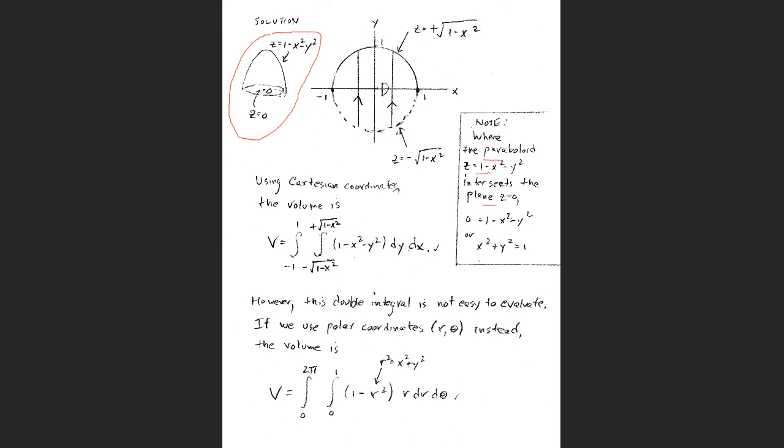That means that where that intersection is, 0 has to equal 1 minus x squared minus y squared, or x squared plus y squared equals 1. So my region D is this circle centered at the origin with radius 1. Okay?